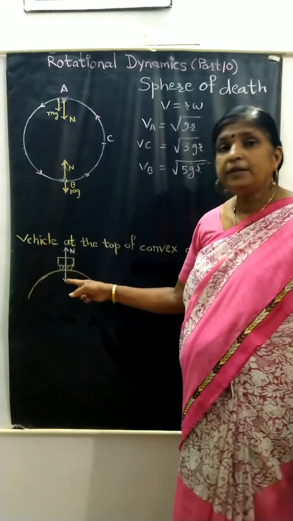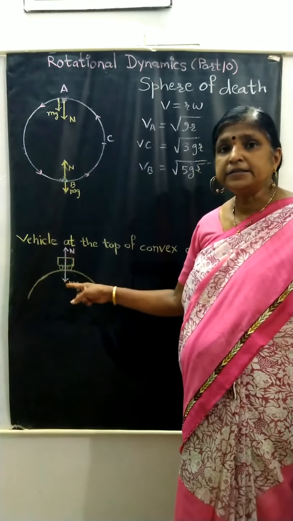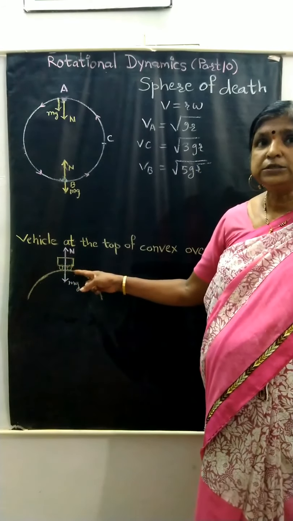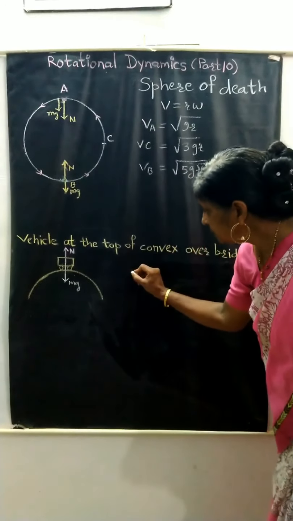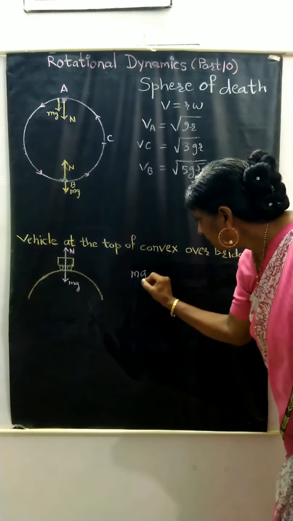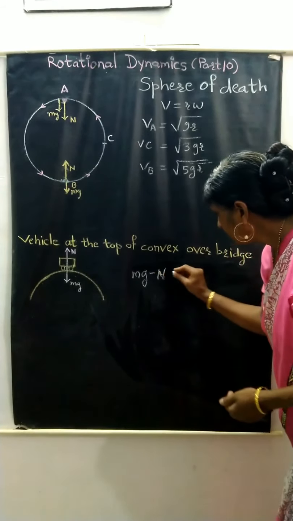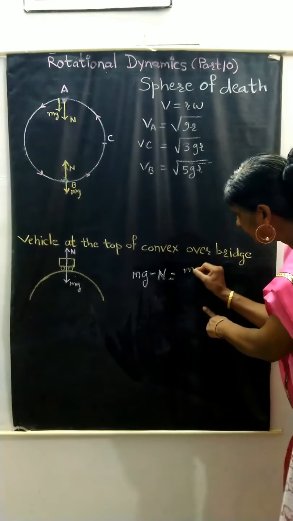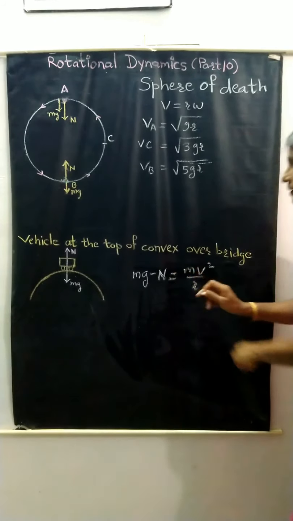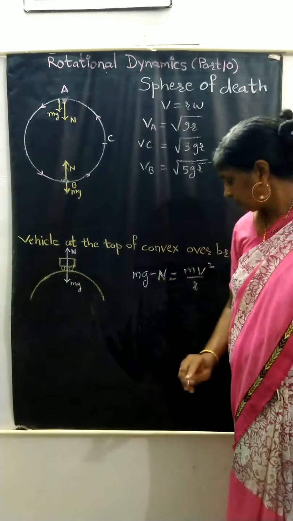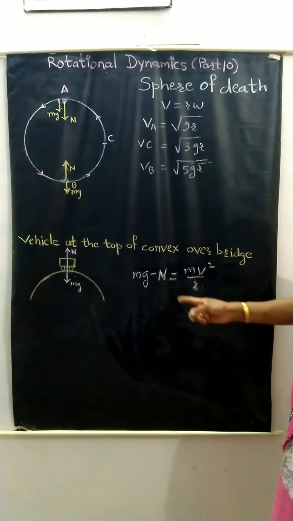The resultant of these two forces, that is normal reaction and the weight, provides the necessary centripetal force for circular motion. Therefore, the equation becomes mg minus N is equal to mv² by r. v is the speed of the vehicle at the top of the bridge and r is the radius of curvature of the bridge.